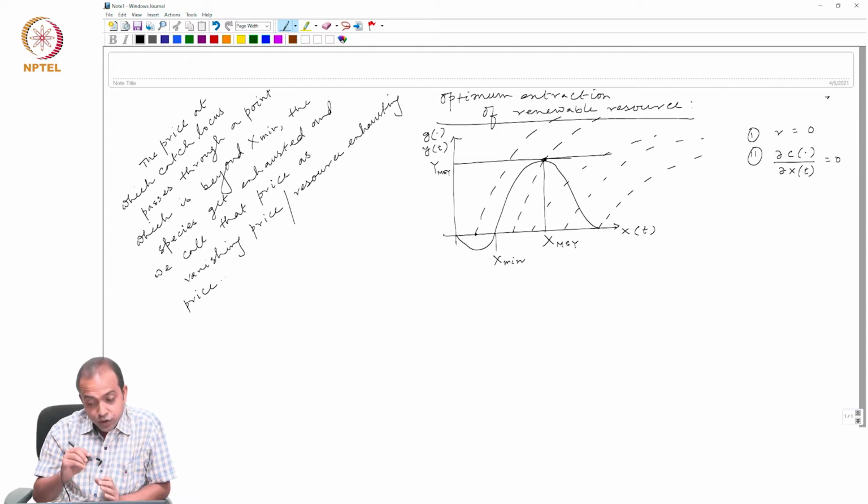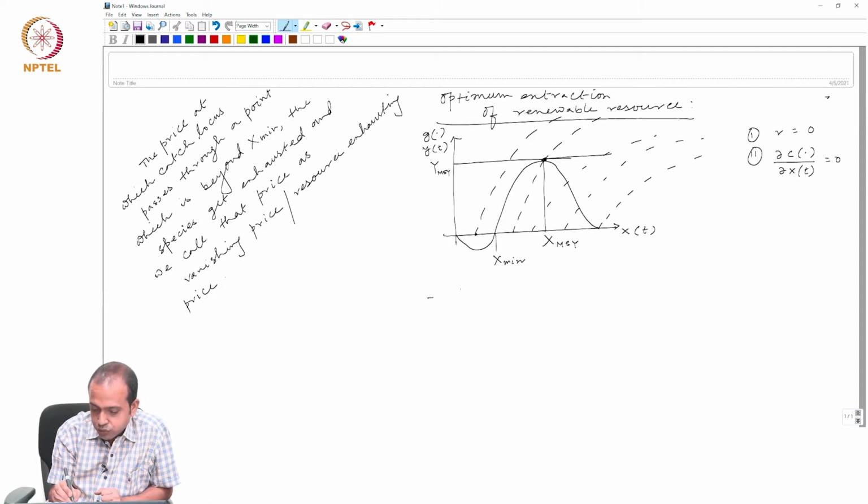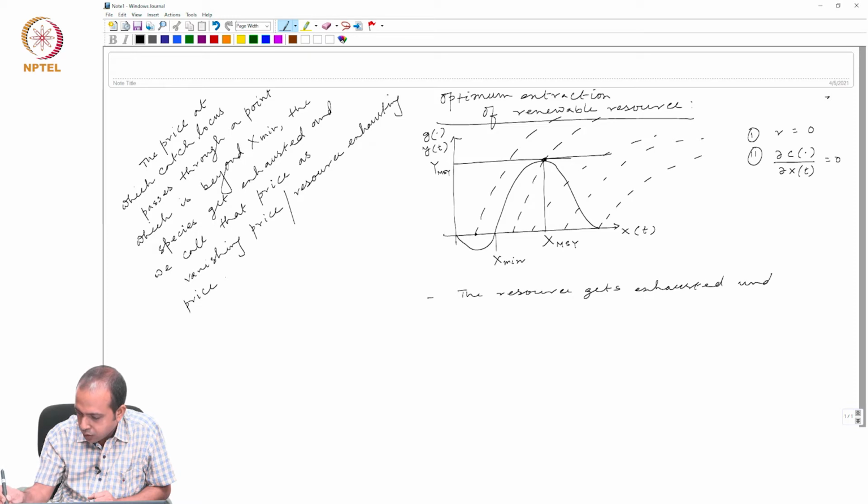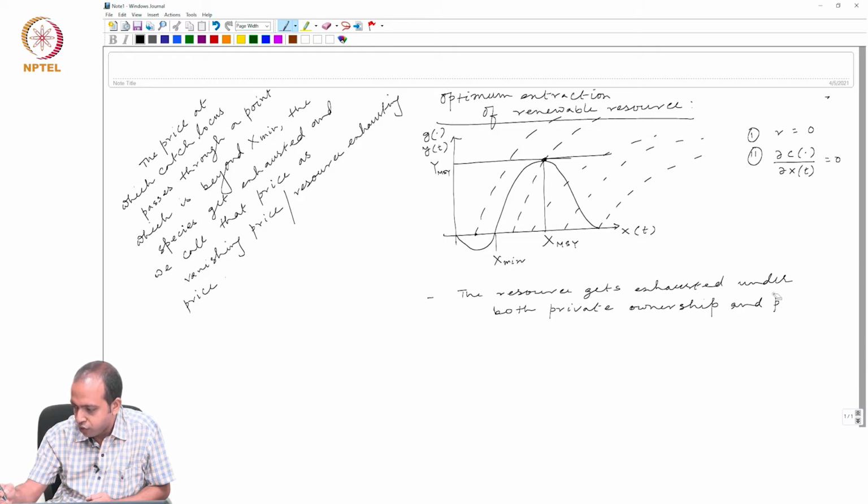Now, the resource or the species gets exhausted under both private ownership and public ownership, that is, private ownership as well as open access.